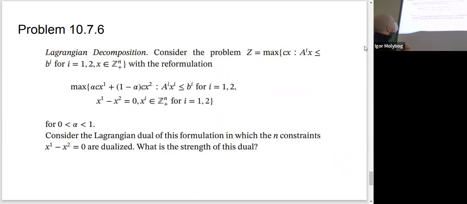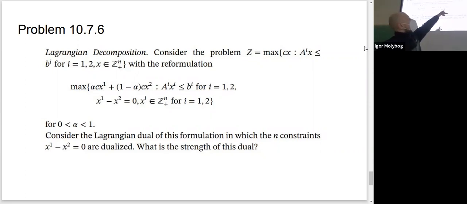I would like to solve with you the problem 1076, which is about the strength of Lagrangian dual. So we have a Lagrangian decomposition formulation. We are considering a problem consisting of a maximization of an objective of a linear function and two sets of linear inequalities.